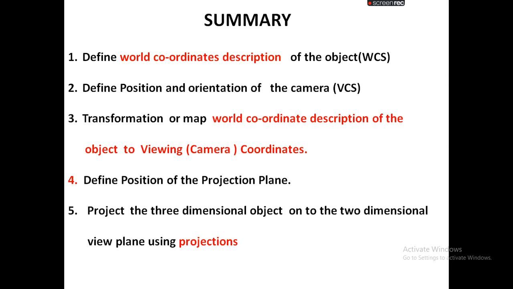That fixed point acts like the origin of our camera, the position where we placed the camera. From that origin, we determine what the z axis, x axis, and y axis are with respect to the camera.